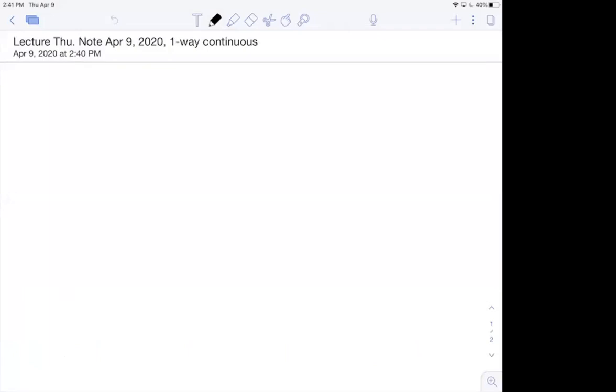Okay, so what is a one-way continuous slab? We're not going to finish the continuous slab today, but I'm going to open it up so you can see it.